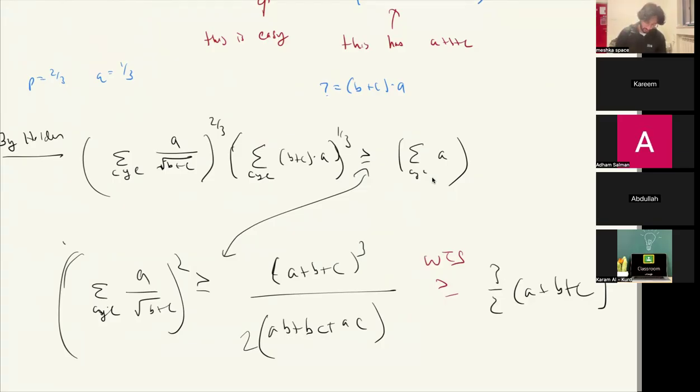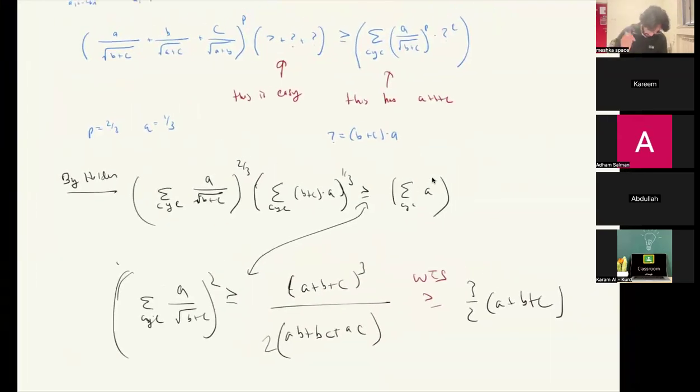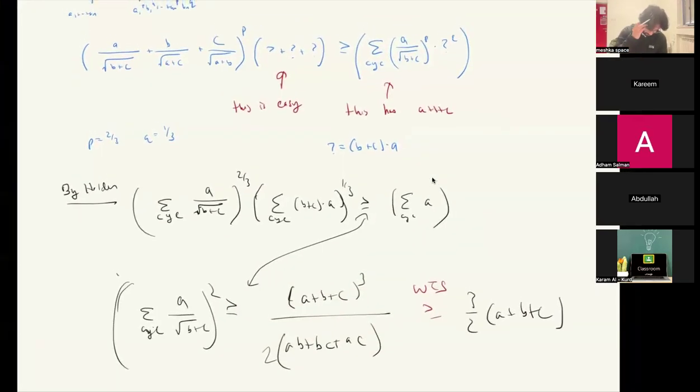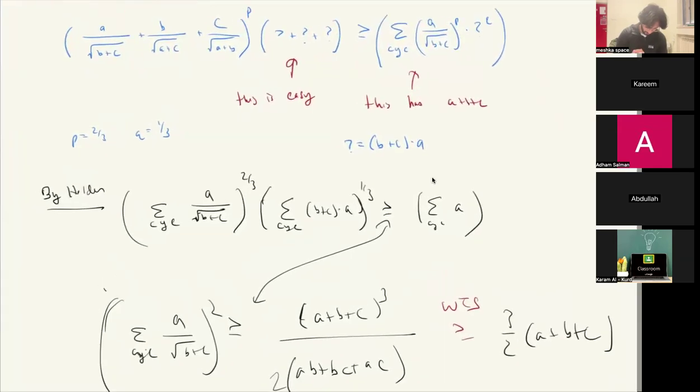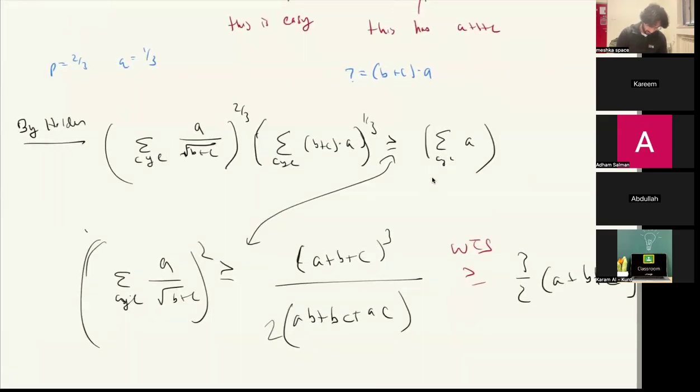Right, because okay, if I plug in A equals B equals C equals 1, I have 27 over 2 times 3. Sorry, I'm kind of losing my constants here. Okay, let's just be careful. We cube this one, we get A plus B plus C cubed.